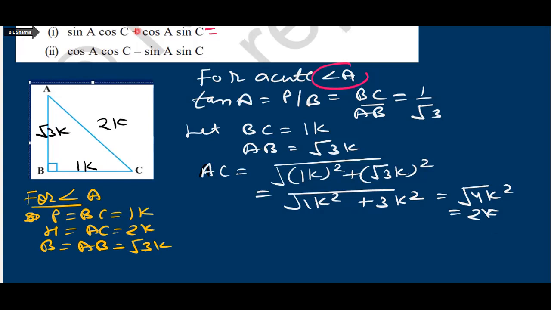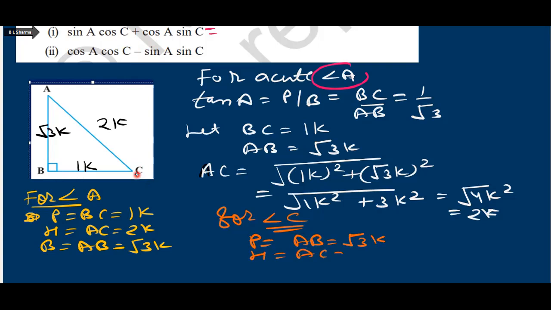And for acute angle C, देखिए ये C है यहाँ पे, तो हमें C के लिए फाइंड आउट करना पड़ेगा. Perpendicular is AB, that is root 3K.